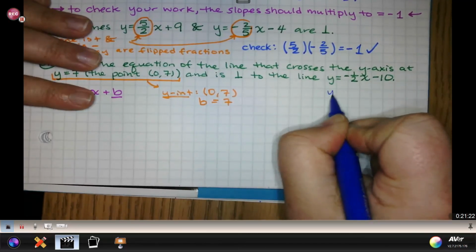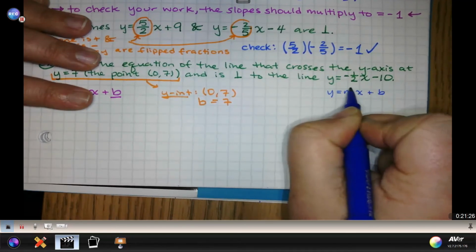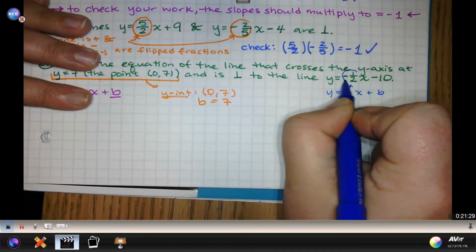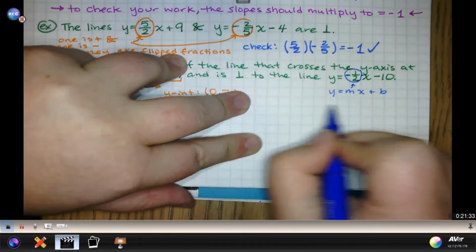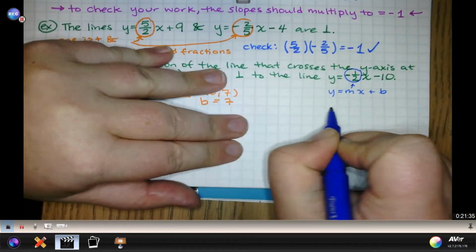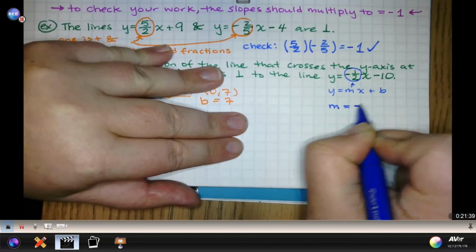So again, y equals mx plus b. For this, I only care about what the slope is. That's my slope. And that means I need to do opposite reciprocal. So m equals negative 1/2.